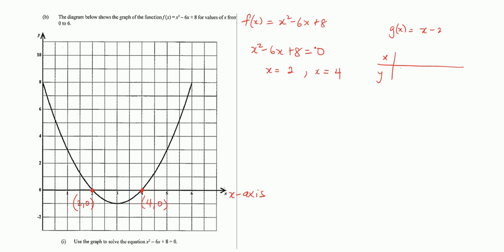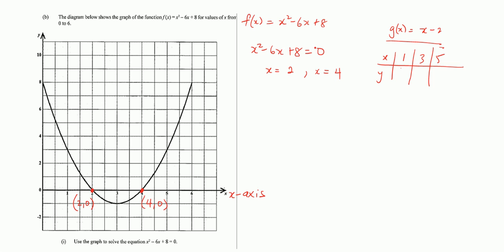What I will do, for x values, I'll use values within the range of the graph that they gave us. So I'll use x equal 1 as the first one. I will also use, let's say, x is equal to 3. And let's say x is equal to 5. All I need to do is take the x values and substitute them into this function here, x minus 2.